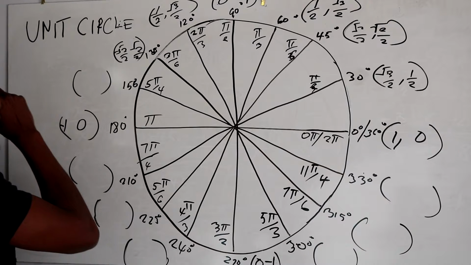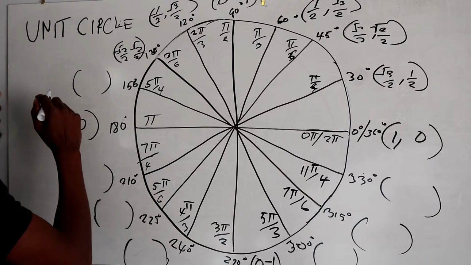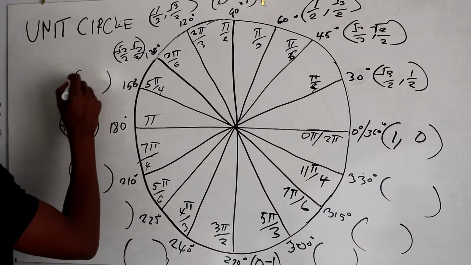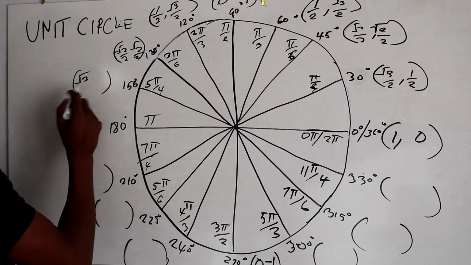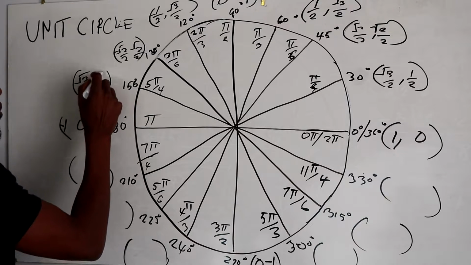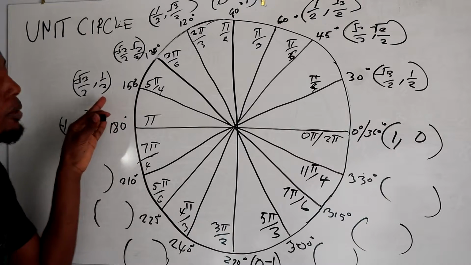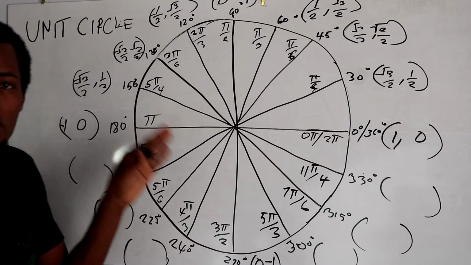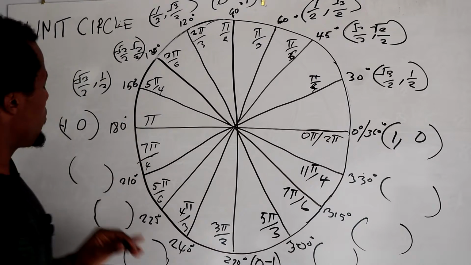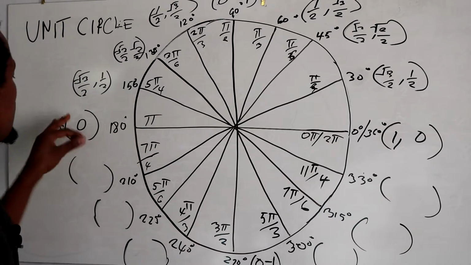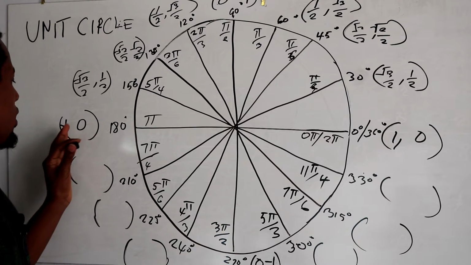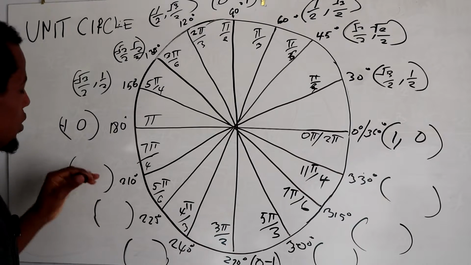And the 150 degrees is going to be negative root 3 over 2 and 1 over 2, because remember I said the x coordinate is going to change, right? So we come to 180 degrees, which is negative 1 for the x coordinate and 0 for the y coordinate.